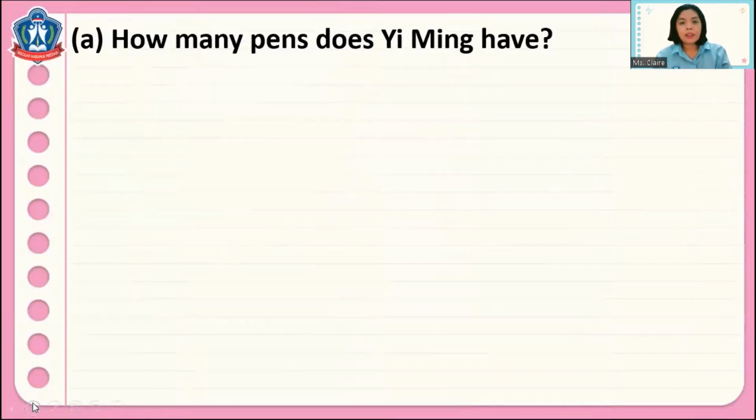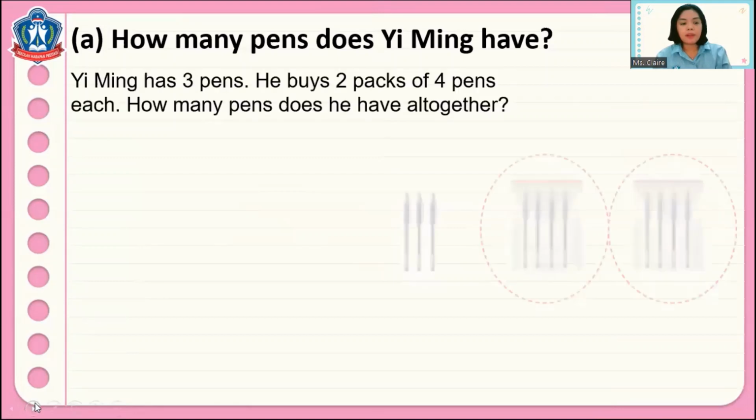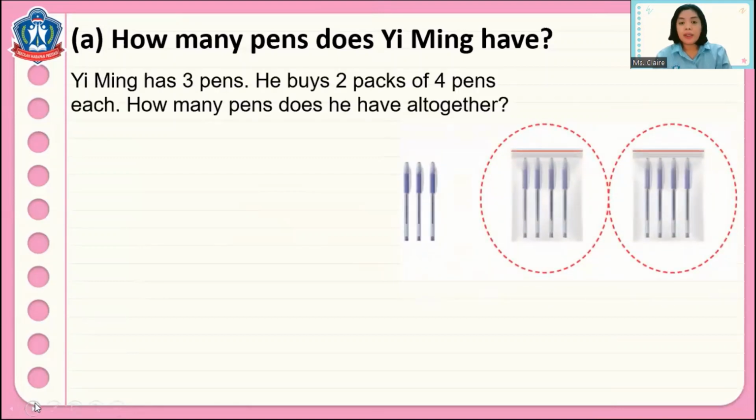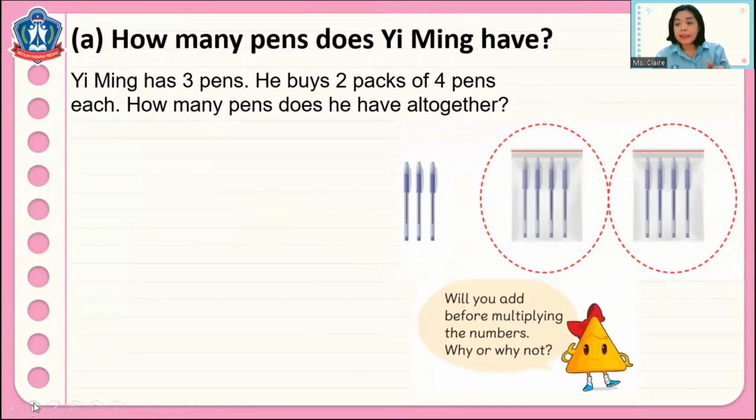Next, how many pens does Yi Ming have? Take a look at this problem. Yi Ming has 3 pens, then he buys 2 more packs of 4 pens each. So how many pens does he have altogether? How are we going to calculate this problem? It's easy for you to find the answer because of the picture, right? But what if we don't have a picture for this problem?